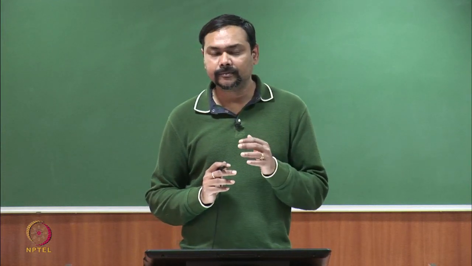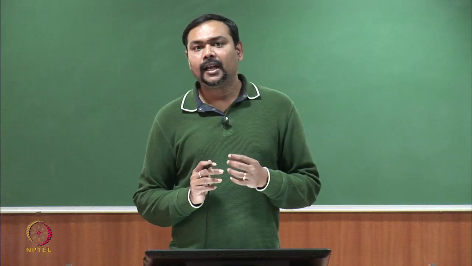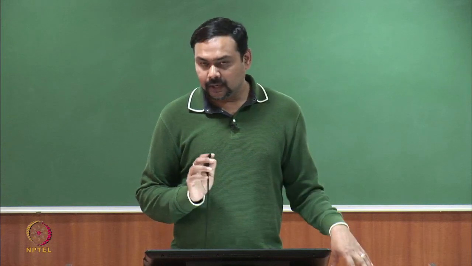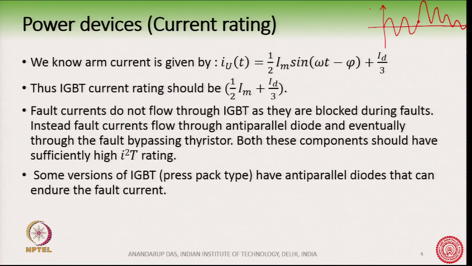First, we have a circuit breaker on the AC side which will open, and also we have an arm inductor which will limit the rate of rise of the fault current. Now, typically if this is the fault current profile, remember the circuit breaker will only operate when there is a zero crossing of the current. Before that, the circuit breaker will not operate. Therefore, when the MMC is under fault, it is basically an RLC circuit: the arm inductor and the cell capacitors together with the fault.